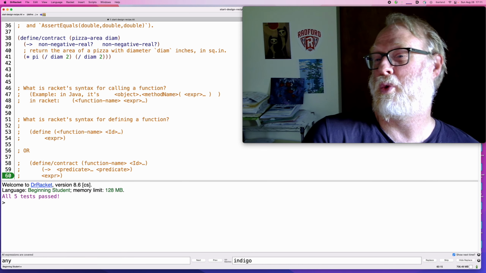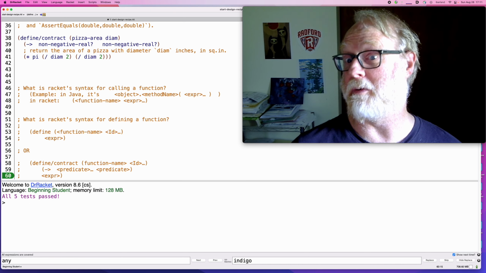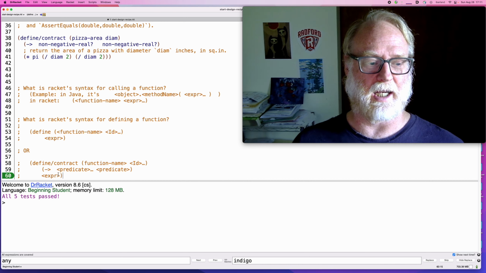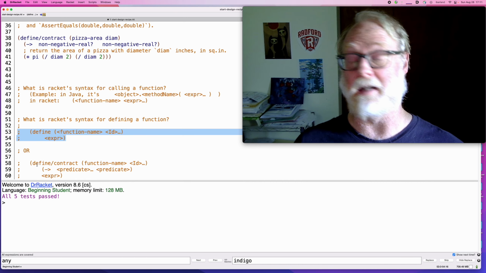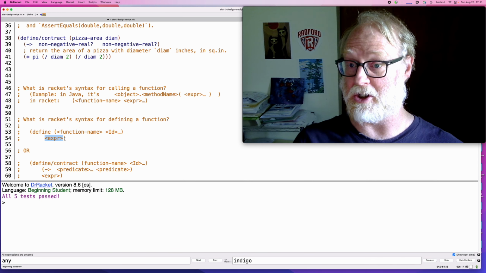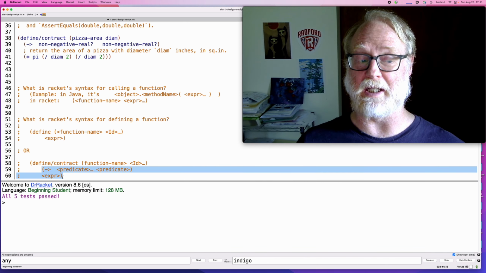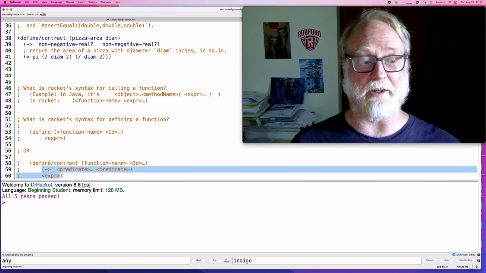And what is a predicate? Okay. Again, a predicate is going to be a function that returns a Boolean. I'm going to leave it at that as far as the syntax level here. So there are two versions of define going on: define and define/contract. Define has one thing, the expression to return, one thing in the body of the function. Define/contract has two things in the body: the contract and the expression that's going to get returned.